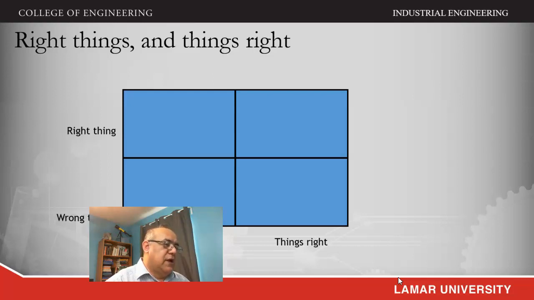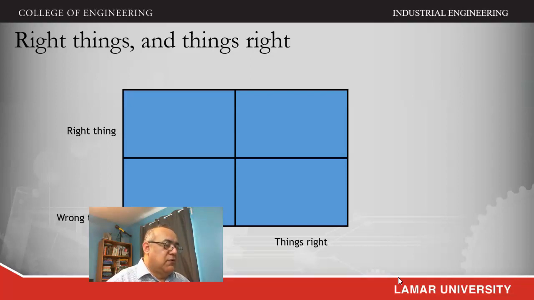Interestingly enough, there are statistics on how much time people spend on these different 4 types of things, and only a minimum part, between 15 to 20% of the time, do people actually work on the right thing and do it right. A lot of people just spend their time, as I mentioned, putting out fires. Usually this happens because there is no planning, there are no prevention plans, there are no quality programs.